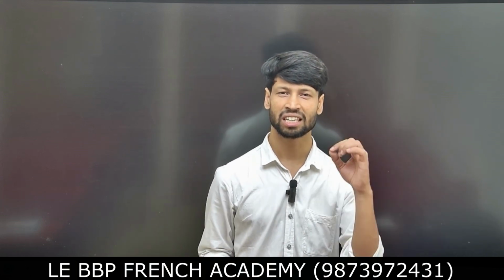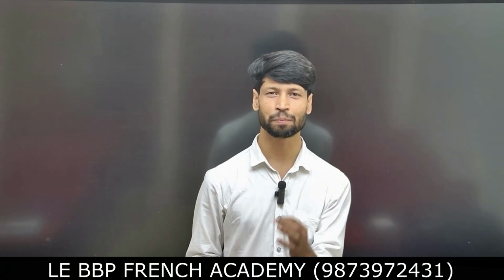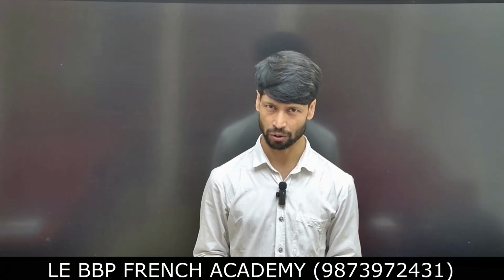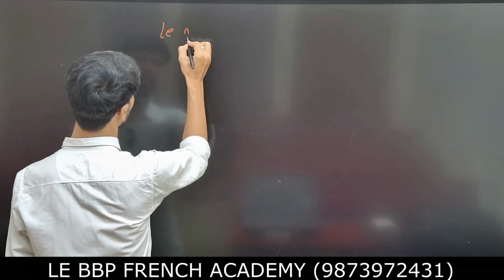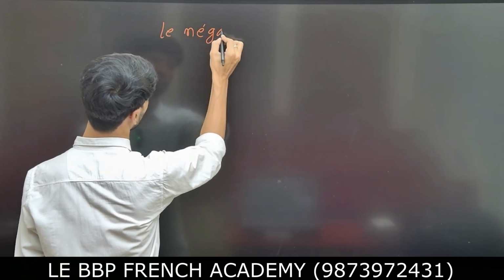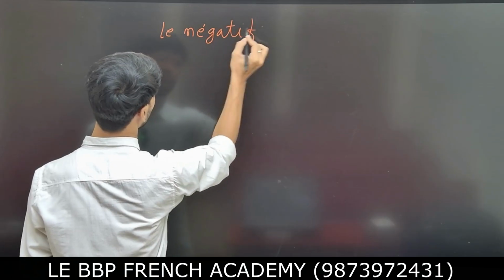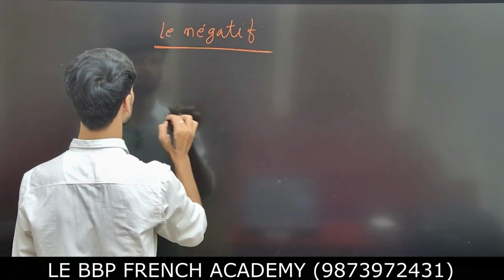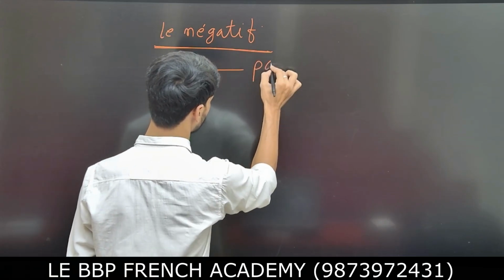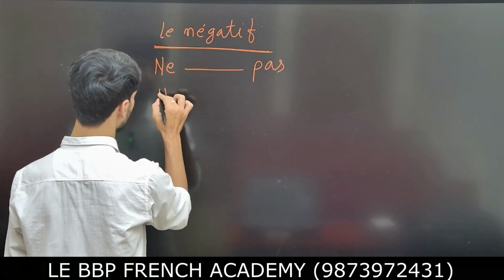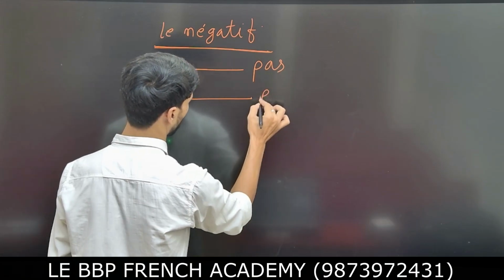Today's class is about negatives. How to make a negative in French. Okay, so the topic is negation. How to make it? Before the verb we put ne, and after the verb we put pas. For a vowel we put n' apostrophe, or pas.